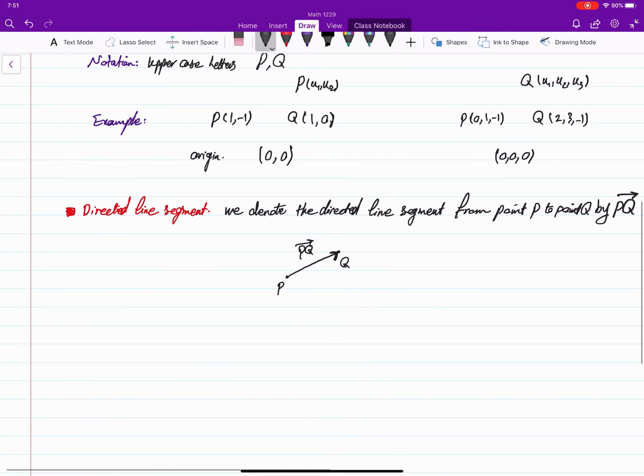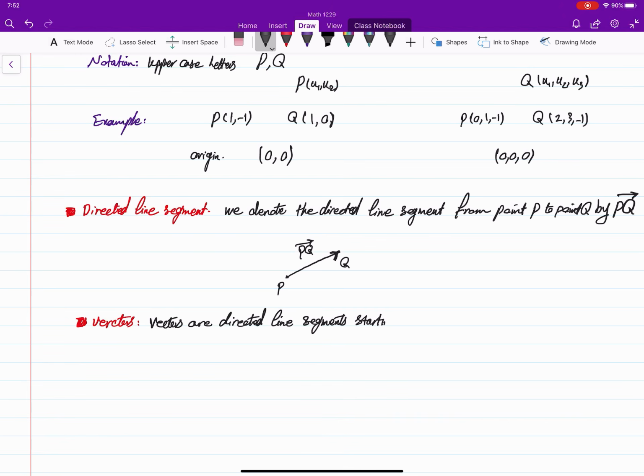One important case of directed line segments are vectors. What are vectors? Vectors are directed line segments starting from the origin.